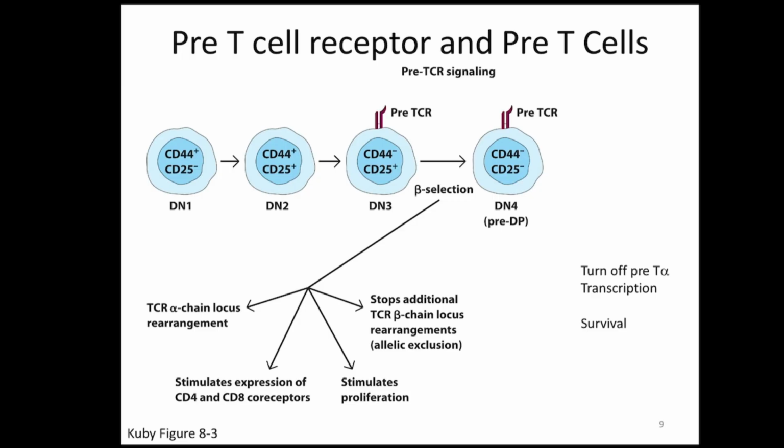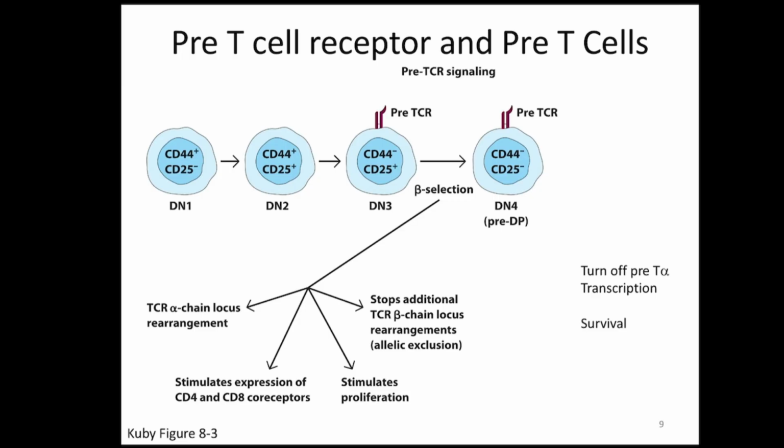But there are lots of events that happen here. So this is a pre-T cell at DN3. And all those pre-T cell events are happening while the cell is either DN3, DN4, or double positive.